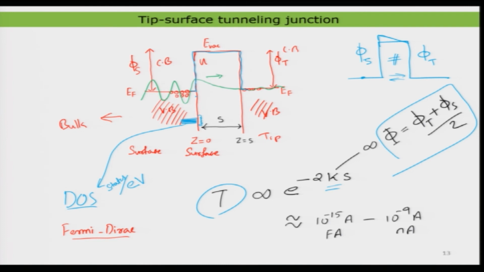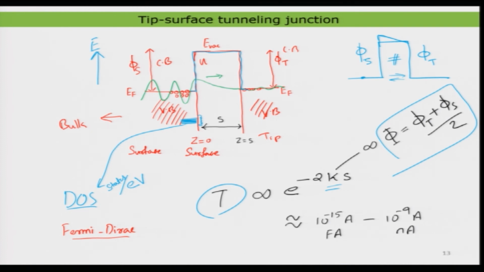But if the density of state varies as a function of energy, this is the electronic energy, then you would find that it is no longer going to look flat. We will work out that solution in the next slides, and then we will understand it carefully.